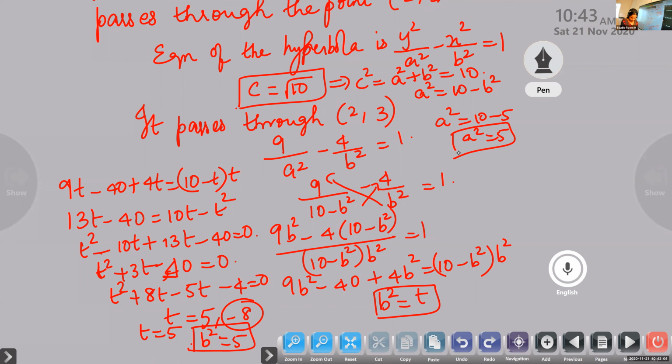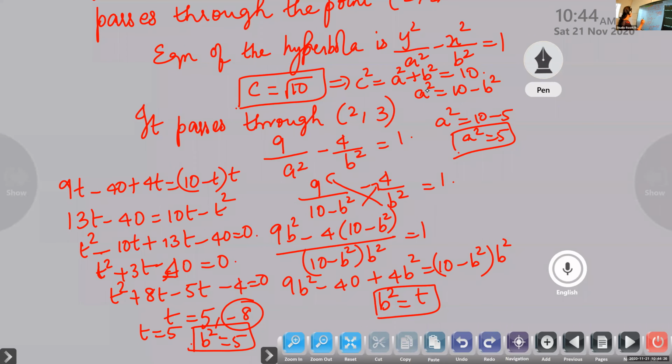Therefore, the equation is... So what is the equation?